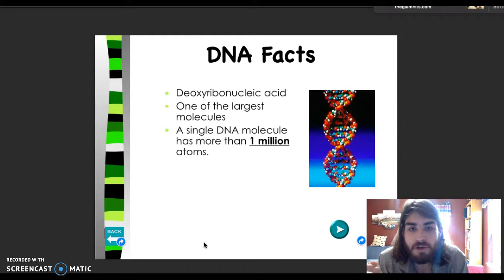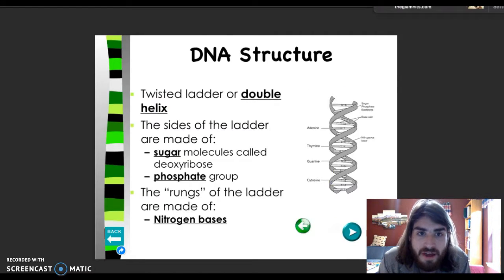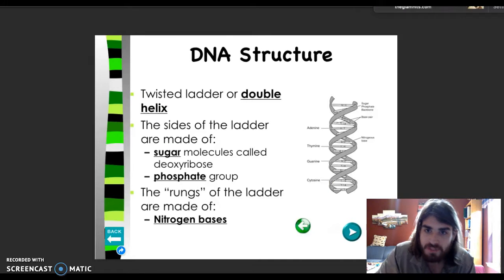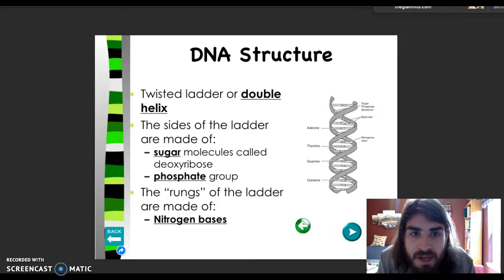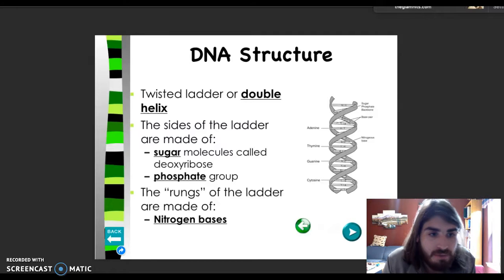A single DNA molecule has more than 1 million atoms, if you did not know, because I did not know that. A twisted ladder or a double helix is the structure of it, as you can see by the picture right there. Very recognizable. The sides of the ladder are made of sugar molecules called deoxyribose and a phosphate group. And then the rungs of the ladder are made of nitrogen bases.